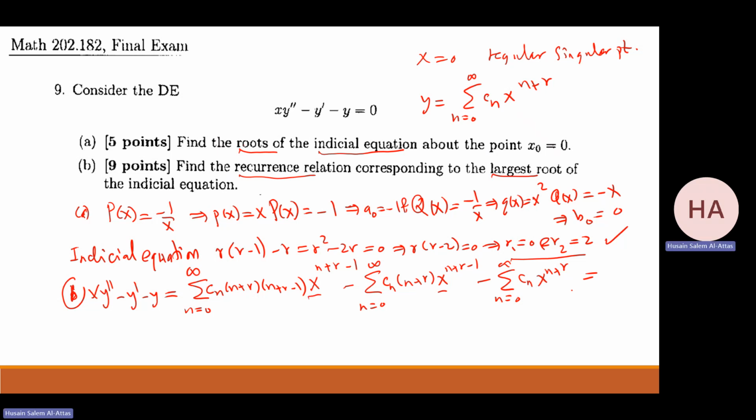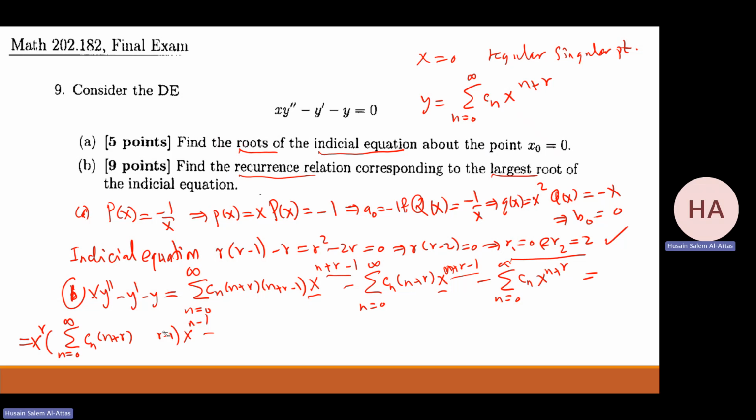Take x to the power r from all, and I notice these two are the same. So I have x to the power r. I combine the first two, n equals 0 to infinity. Don't forget this is without x to the power r. So Cn times n plus r times n plus r minus 1, x to the power n minus 1, minus.